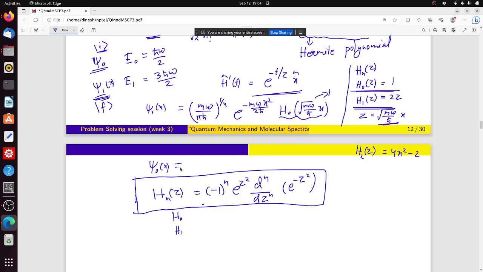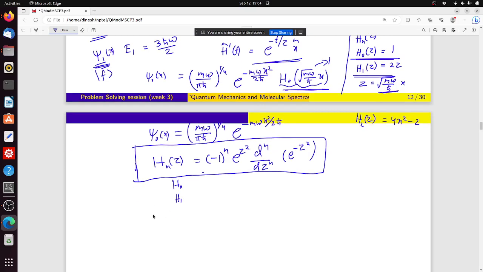So psi of 0 will be (m omega by pi h cross) to the power 1 by 4. This part is 1, so we just have e to the power minus m omega x square over 2h cross.